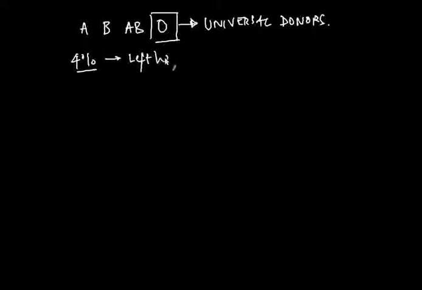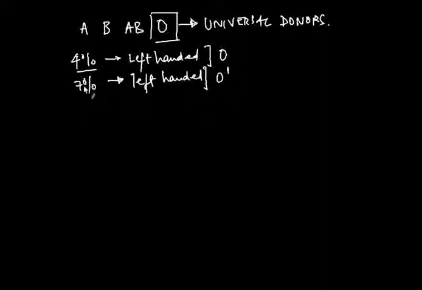And 7% of the people who do not have blood group O are left-handed. And the last fact is that 10% of the people in the world have blood group O, right? So these are the three facts that we have been given.